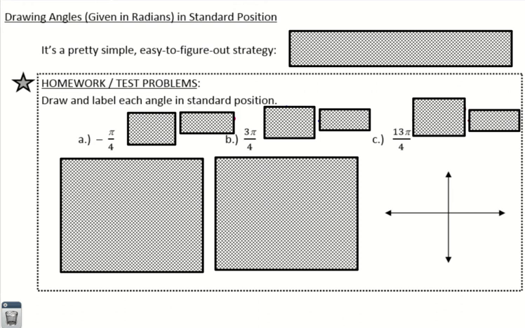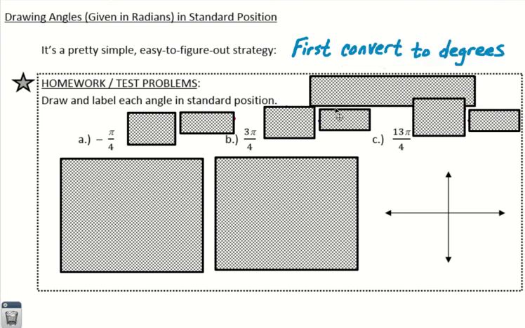Drawing angles. Moving on to drawing them in standard position if they are given in radians. I bet you could come up with this strategy on your own. If I give you an angle like negative pi over 4 and I want you to draw that on the xy plane, what are you going to do?